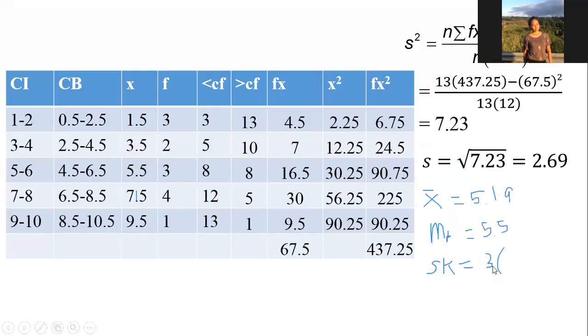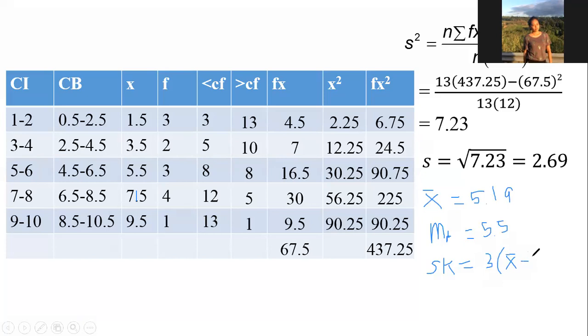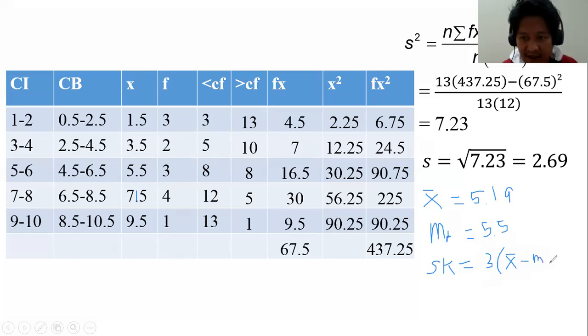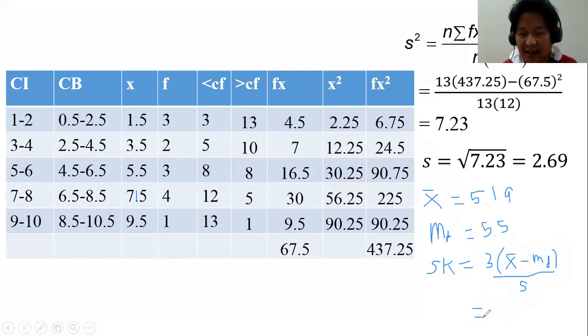3 multiplied by mean minus median divided by S. Sample. Okay, so mean muna. Mean minus the median. Tama? Okay. And then divided by, ano ulit yung S? Yun yung standard deviation, right?